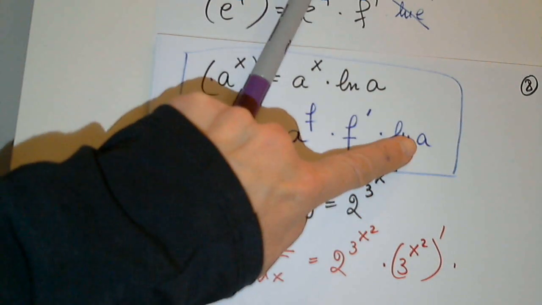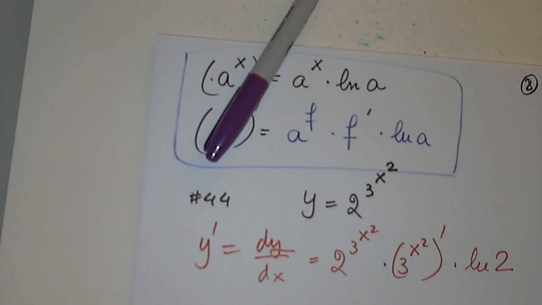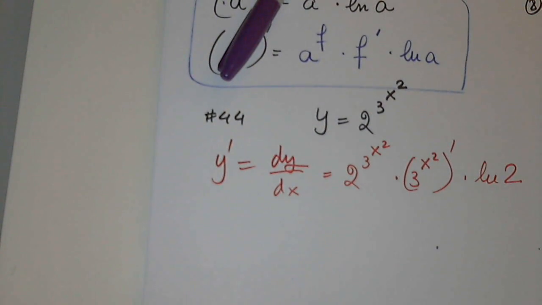Times ln. Exactly. So I only follow the rule. So a to the function, right here, times the inner function prime, which is 3 to x squared. I did not perform that operation yet, times natural log 2. And now we have to look at 3 raised to x squared prime, and we're done.